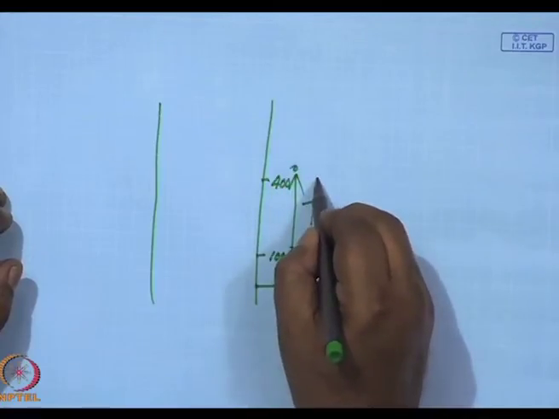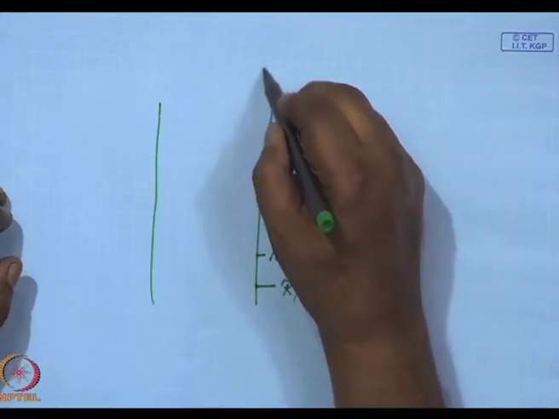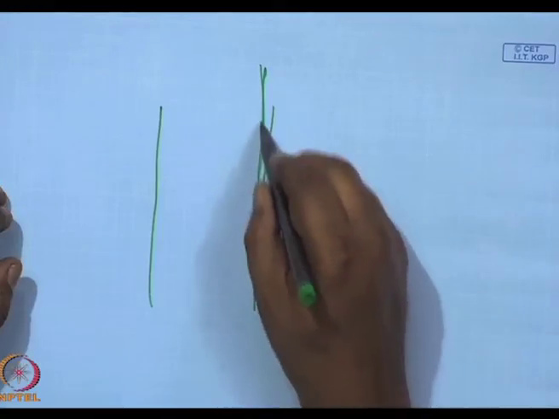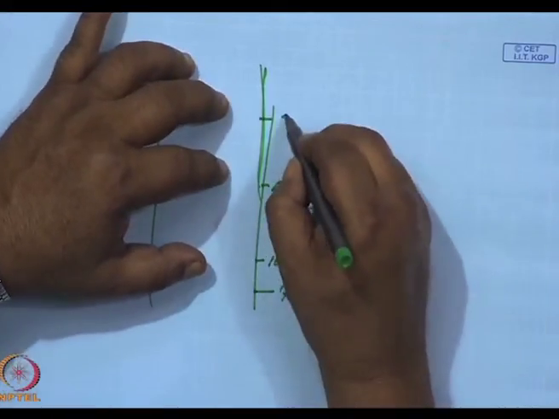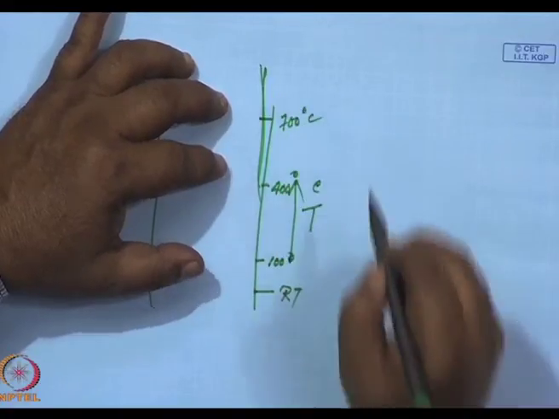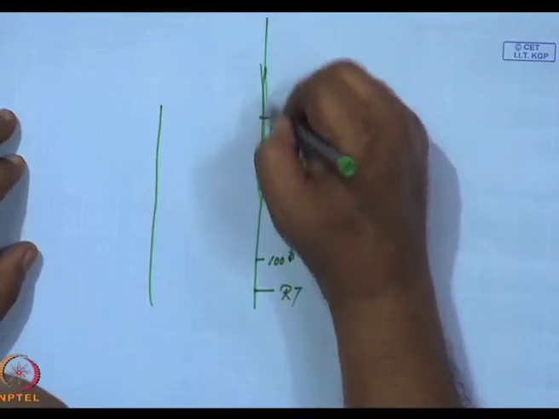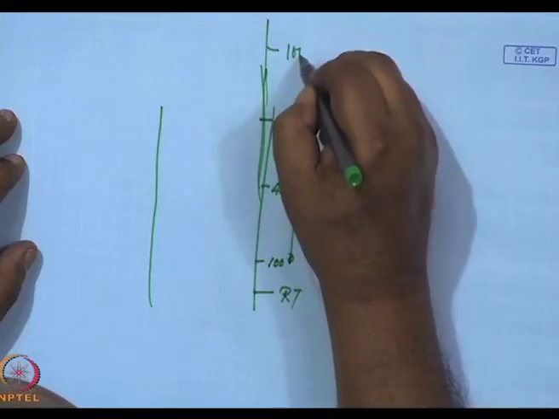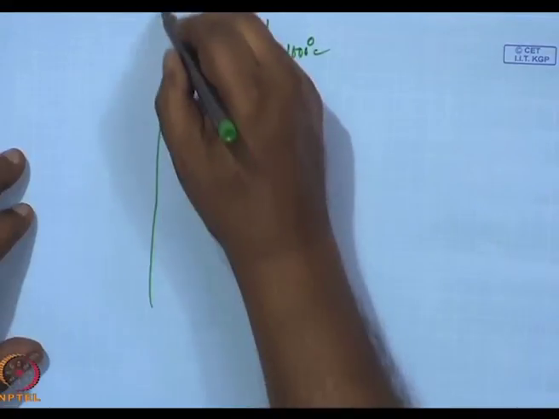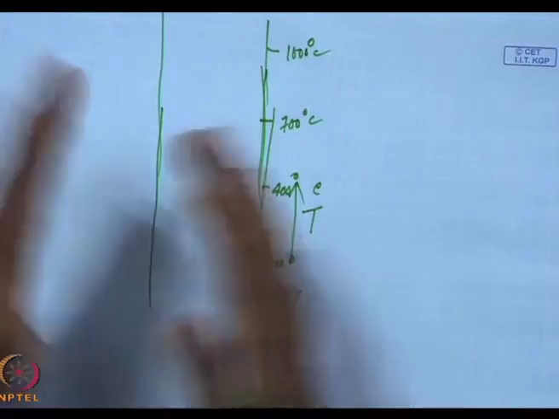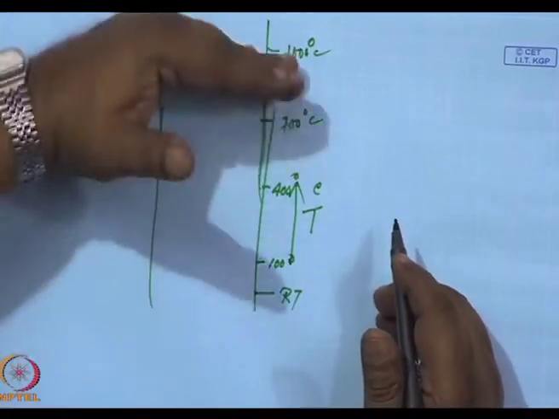This is 400 degrees centigrade, 700 degrees centigrade, 1000 degrees centigrade. Let's say I've got a tube where the temperature varies in this fashion.